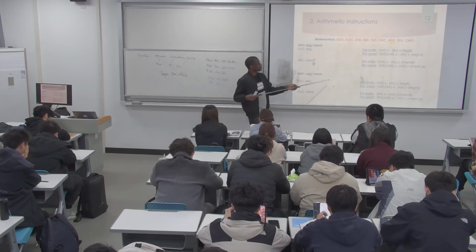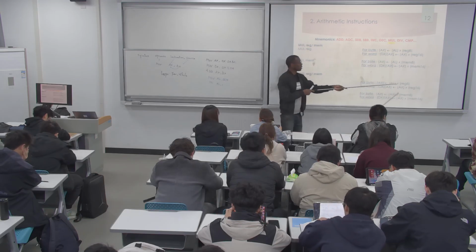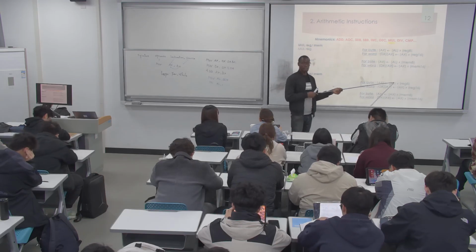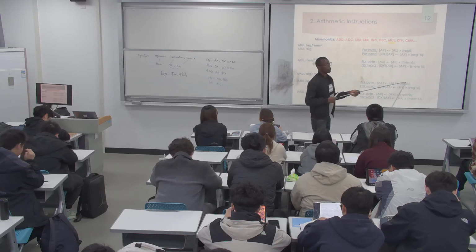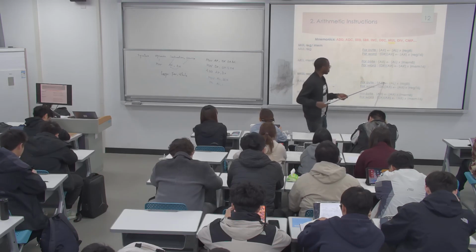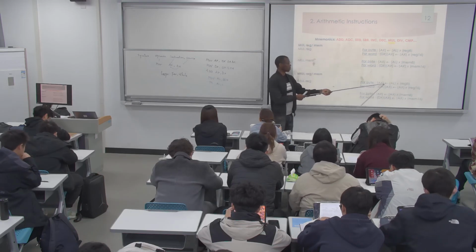You can multiply the content in the lower byte accumulator register with a 16-bit data. Then we store the result in the accumulator register.